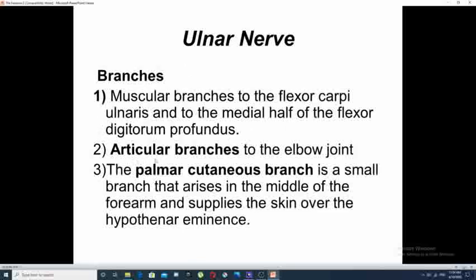Other branches of the ulnar nerve in the forearm: articular branches to the elbow joint, and also the palmar cutaneous branch, which is a small branch. It is responsible for supplying the skin over the medial third of the palm of the hand, which is called the hypothenar eminence skin.